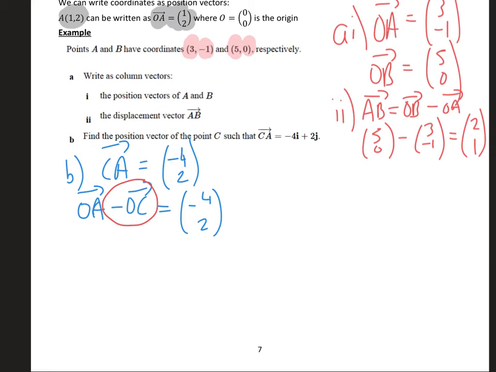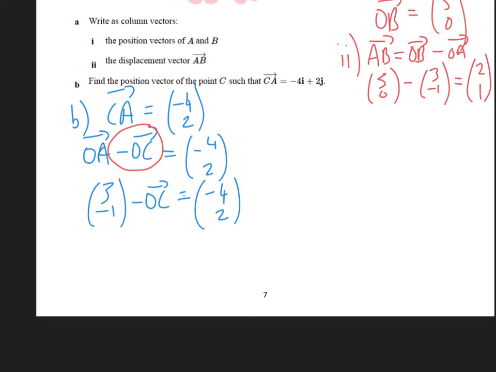Okay, well, O to A, I know that one was 3 minus 1. So 3 minus 1, take away O to C, is minus 4, 2. So to get O to C by itself, I'm going to add it on to the other side and then subtract that other vector. So it's 3 minus 1, take away minus 4, 2.